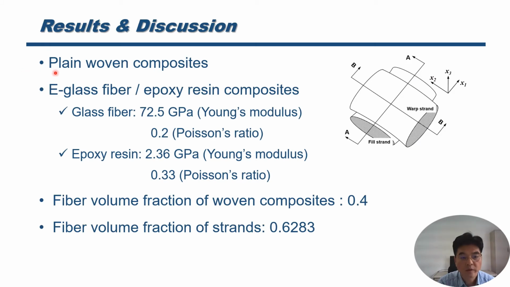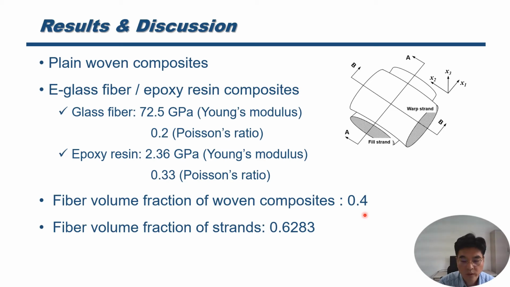We used plain woven composites, like I mentioned in the previous slide, and the constituent materials are glass fiber and epoxy resin. And we set the fiber volume fraction of the woven fabric composite to 0.4.